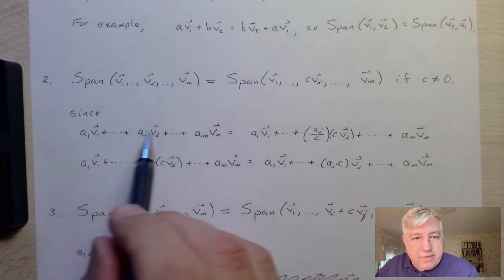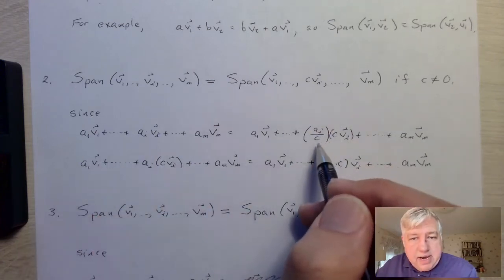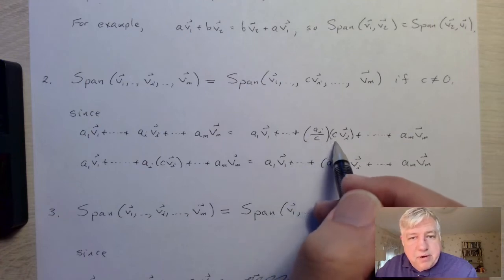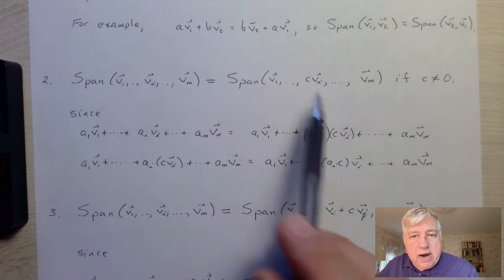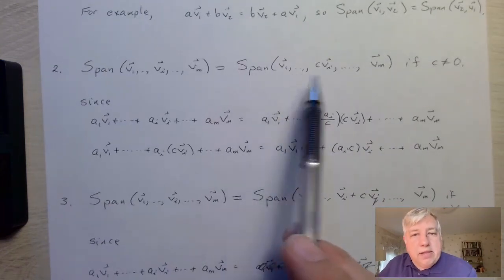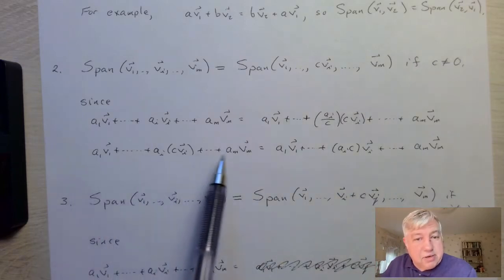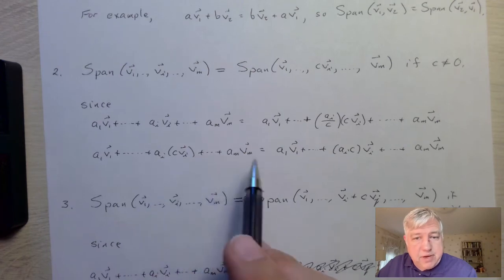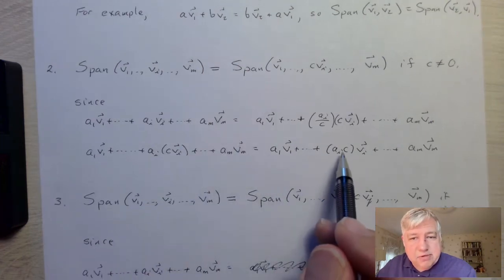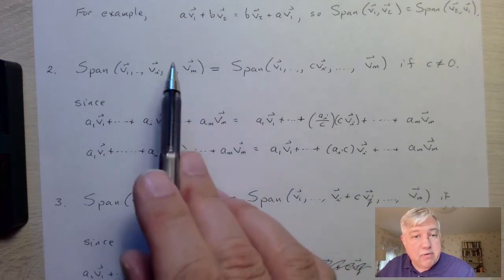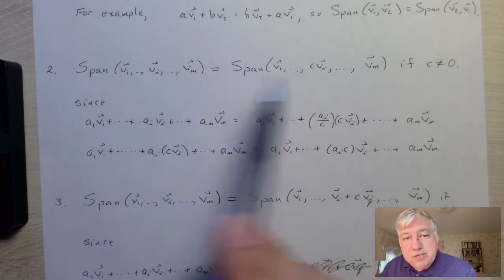We can rewrite this term as a sub i divided by C, times C, using parentheses, and what we have is a linear combination of these vectors. Similarly, if we take a linear combination of these vectors, we can group our parentheses, and because a times C is just a number, we get a linear combination of our original set. So this span is the same.